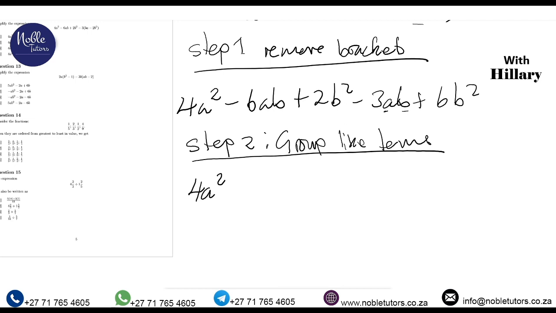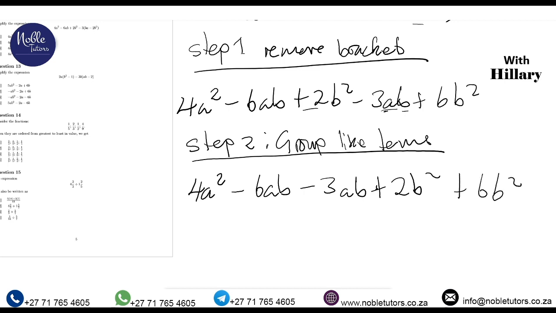We don't. Then we move on to minus 6ab. Do we have any that has got ab? Yes, we have 3ab minus ab. Then we move on to the next one, which is plus 2b squared plus 6b squared. They are similar.